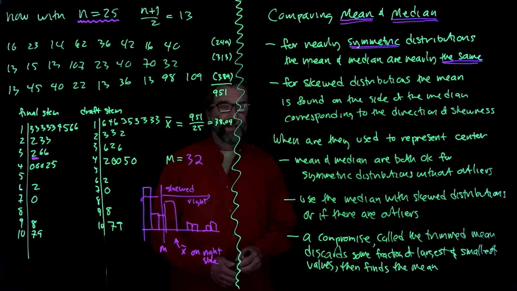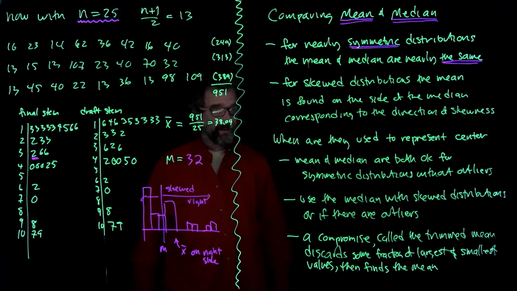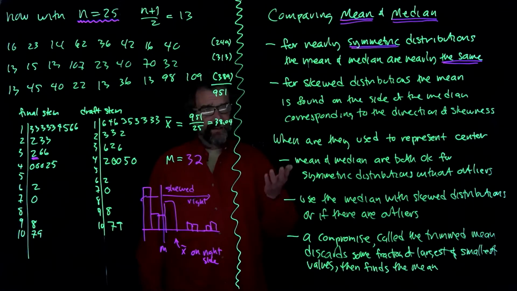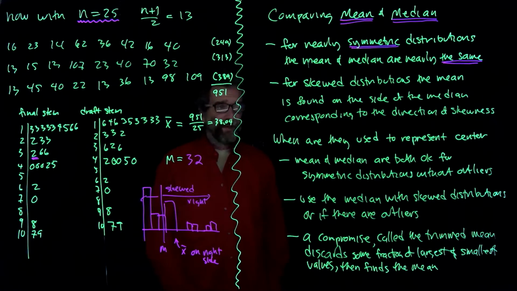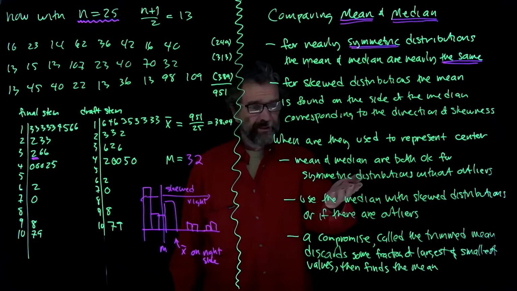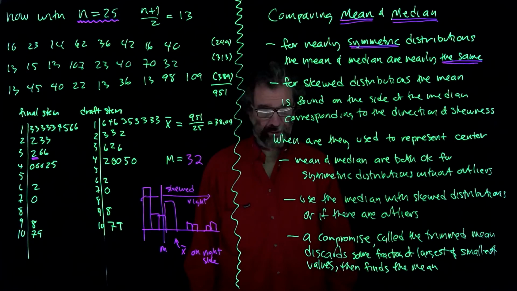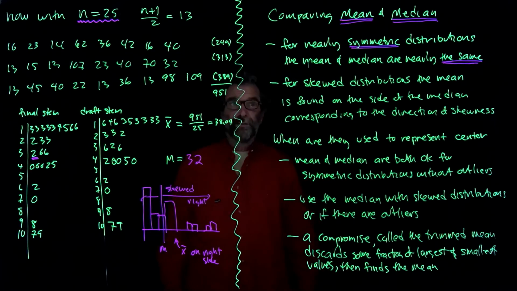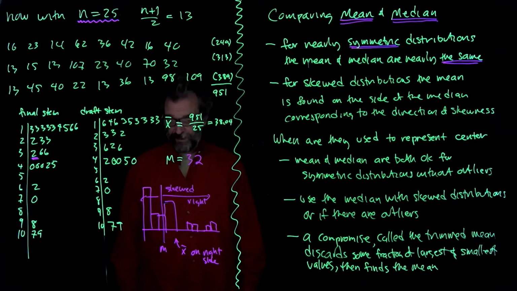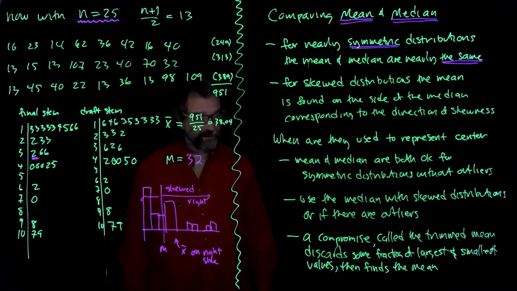Of course, there's no exactly universal center. But we'll be mostly looking at mean and median, which we will use for symmetric distributions, the mean or the median, and we'll use the median for skewed distributions. Made it through there, and see if we can't finish off this section with a bang.